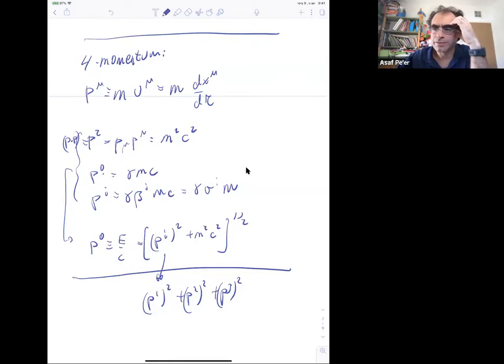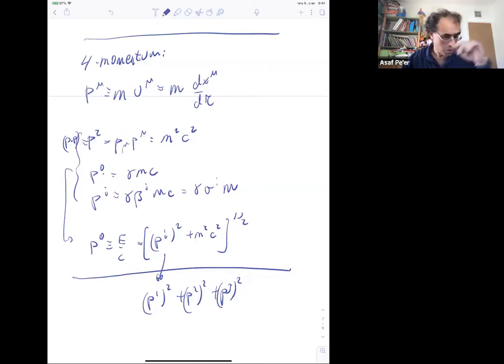Normally p squared means the square of the momentum. Okay, more questions? No?